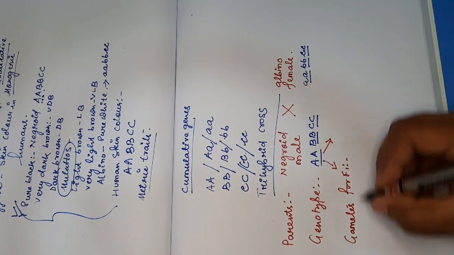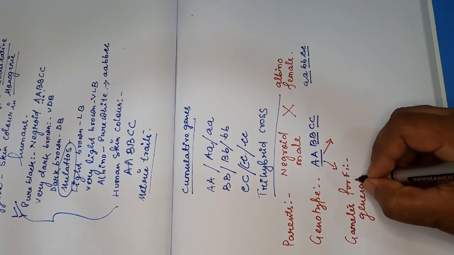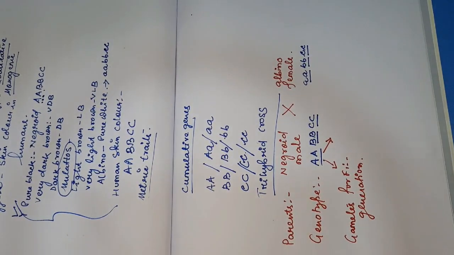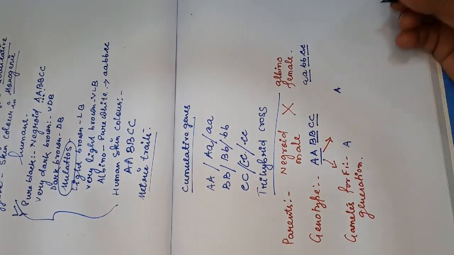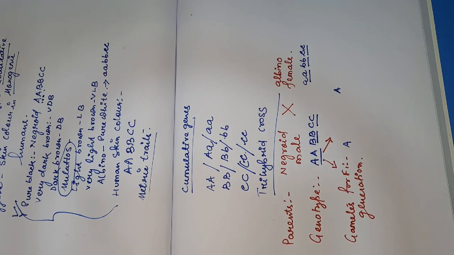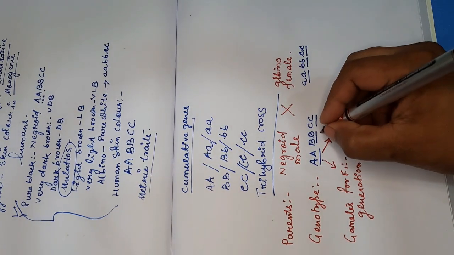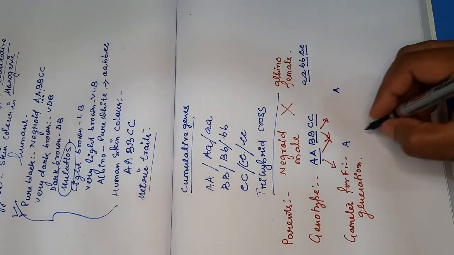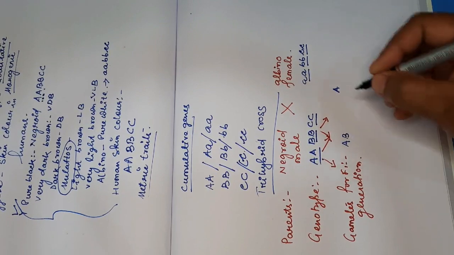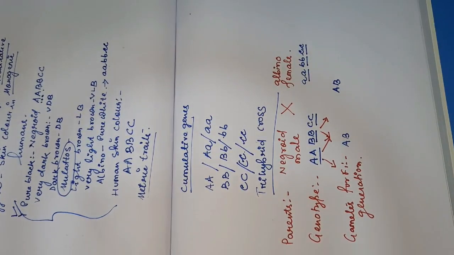So the gametes for the F1 generation will be: one capital A from this pair will go here, and the other 50% of the sperms will receive the other complement of capital A. One capital B will move separate from the other capital B, 50% of the sperms will receive this capital B complement, other 50% will receive this complement.